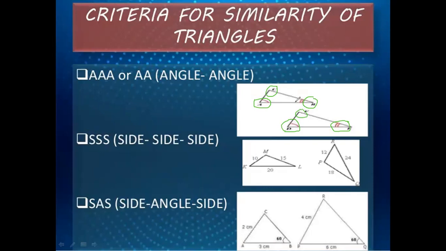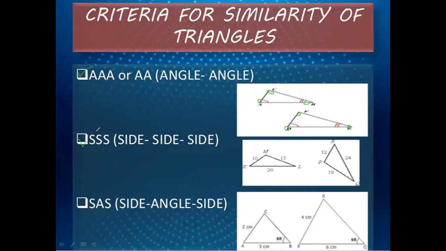Okay, so that is the angle to angle test or criteria. Again, this angle corresponds to this, and this angle corresponds also to the other. So they do not have the same size, but they are similar to each other. Okay, that is the first test.